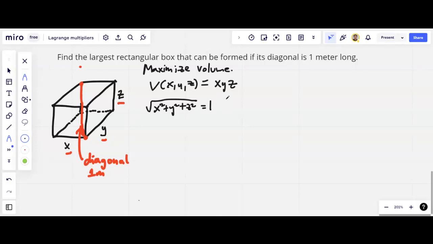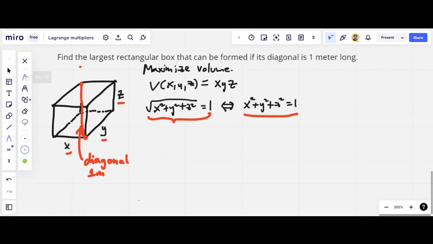Now, to facilitate easier calculations later on, what we will do is to square both sides of this equation so that it becomes x squared plus y squared plus z squared equal to 1. Now take note that any solution that we will obtain for the optimization problem using this as the constraint will actually be the same solution that we will obtain if we use the original constraint.